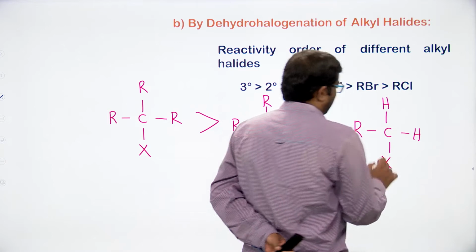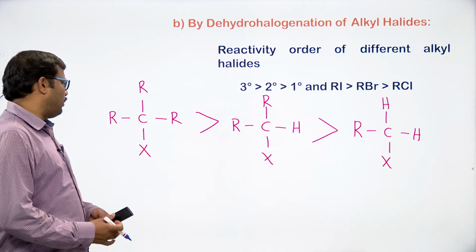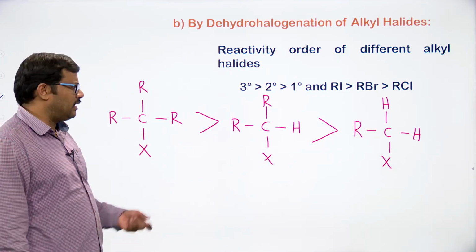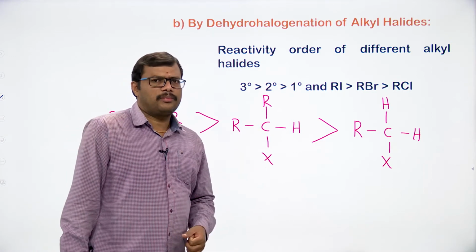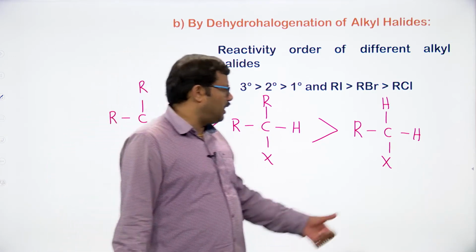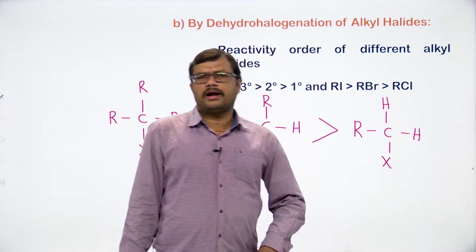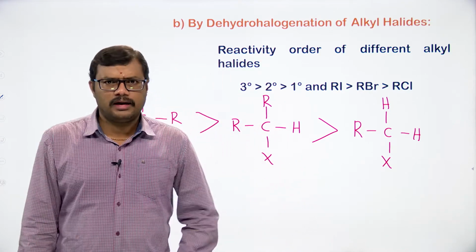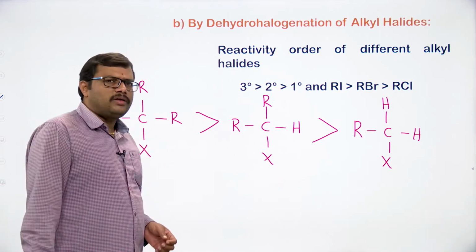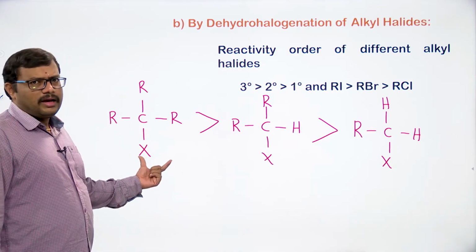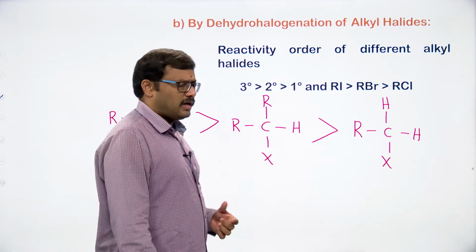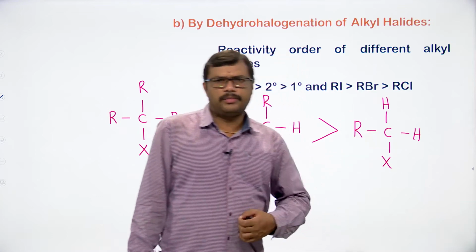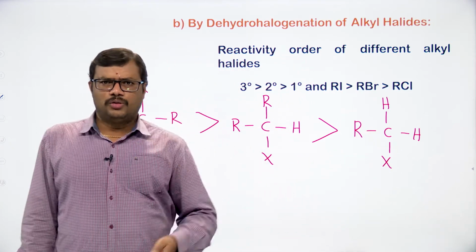Halogen attached to a secondary carbon atom is a secondary alkyl halide, and halogen attached to a primary carbon atom is a primary alkyl halide. So, for a given halogen atom, tertiary alkyl halides are more reactive than secondary, which are more reactive than primary alkyl halides.